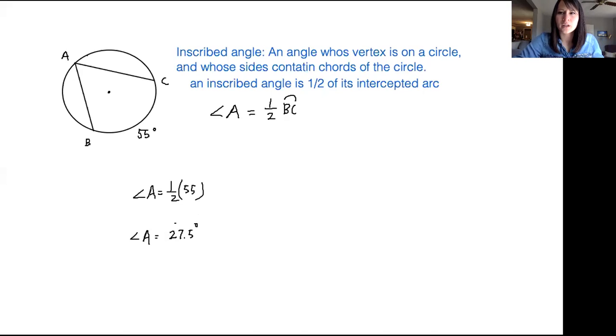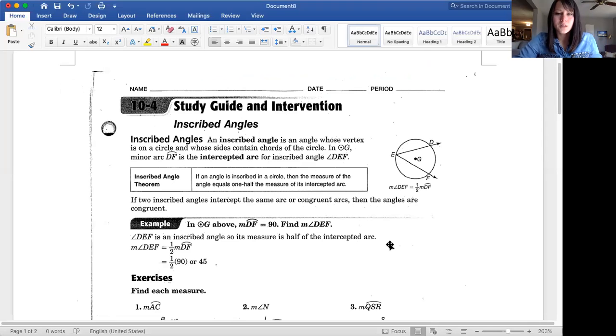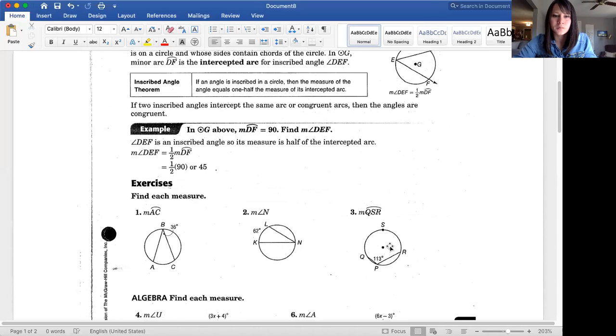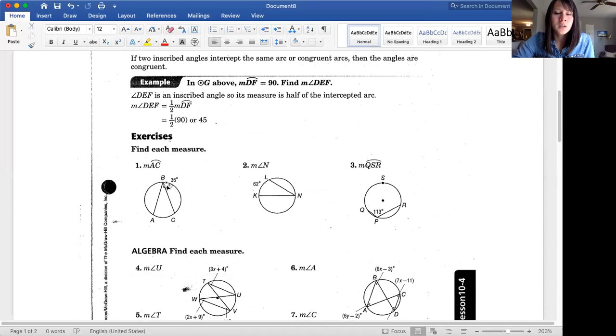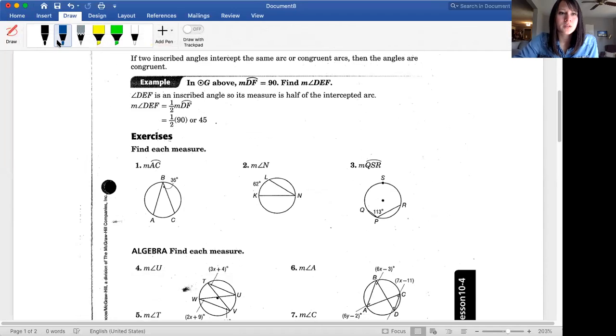Okay, so let's take a look at your study guide. All right, so we've got a few angles here. Now, if we know the inscribed angle, then we can find the arc, right? So the arc is double what the inscribed angle would be. So arc AC is 72 degrees.